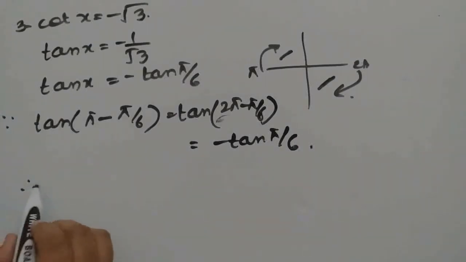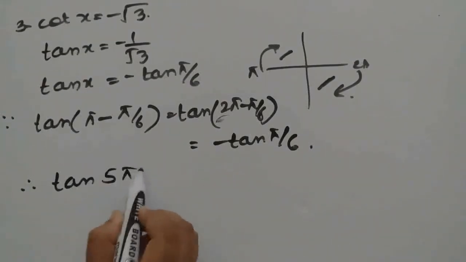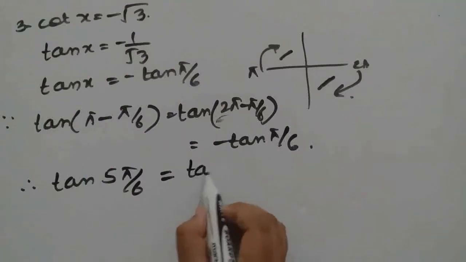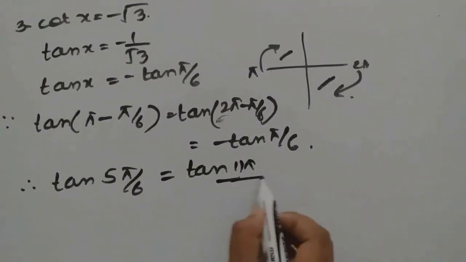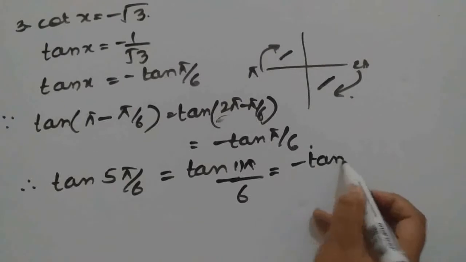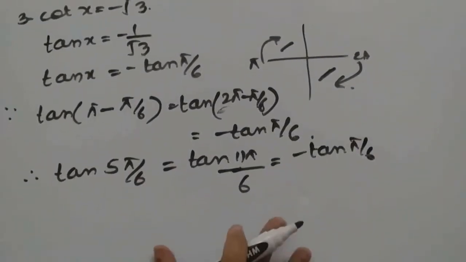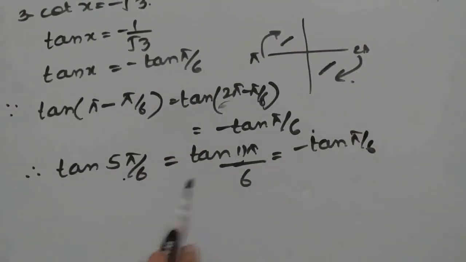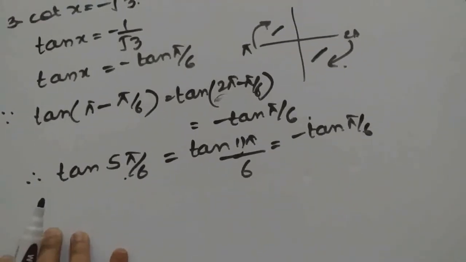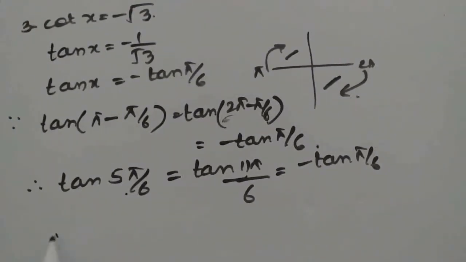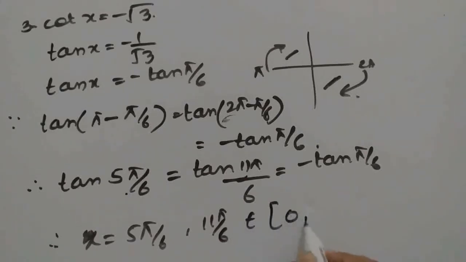So therefore these will be 5 pi by 6 and 11 pi by 6, giving minus tan pi by 6. So the two principal solutions are 5 pi by 6 and 11 pi by 6. Therefore x equals 5 pi by 6 and 11 pi by 6, which belong to 0 to 2 pi. Therefore the principal solutions are 5 pi by 6 and 11 pi by 6.